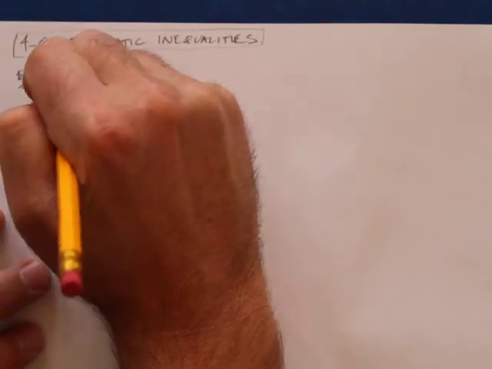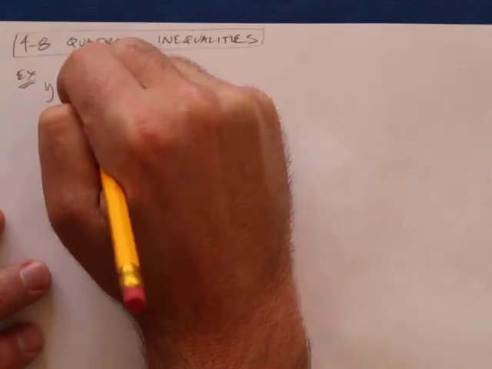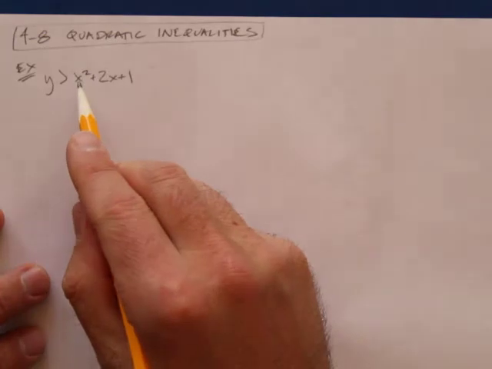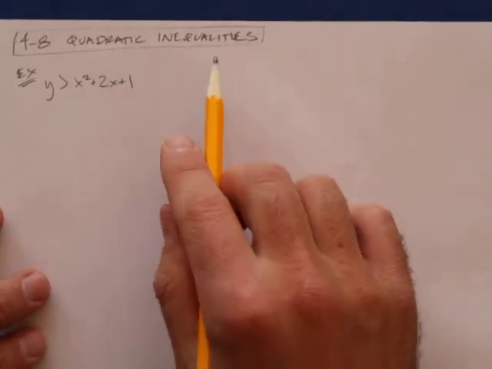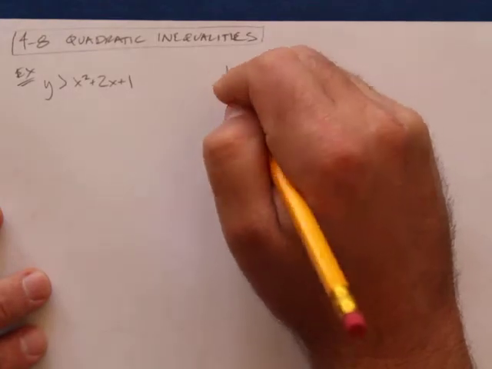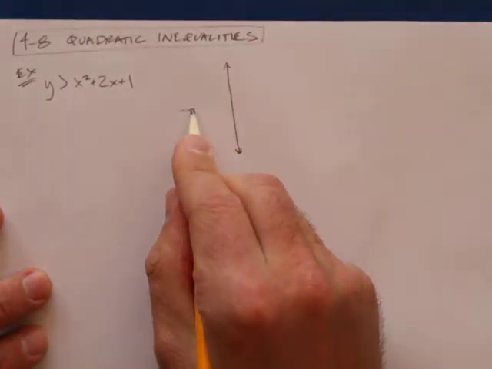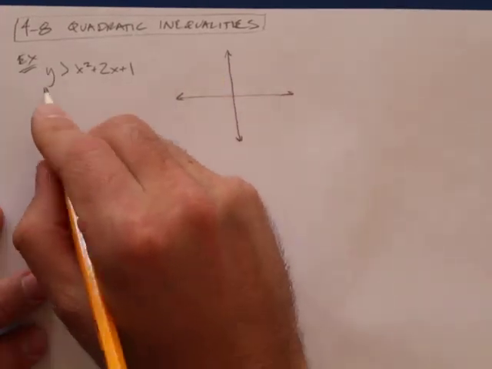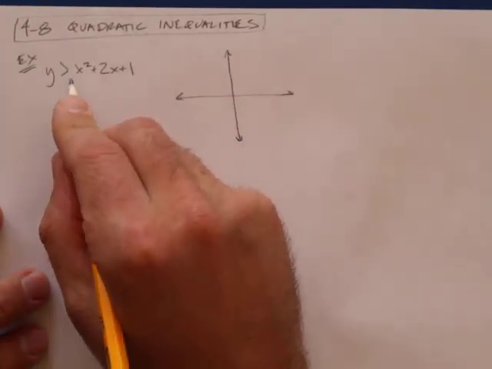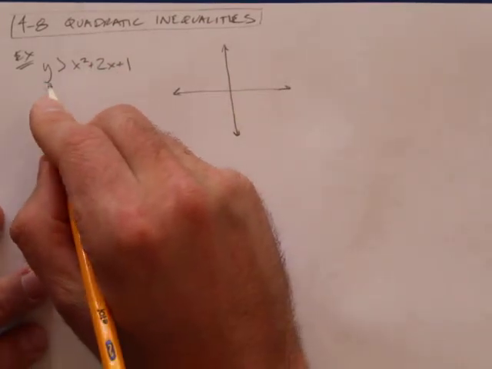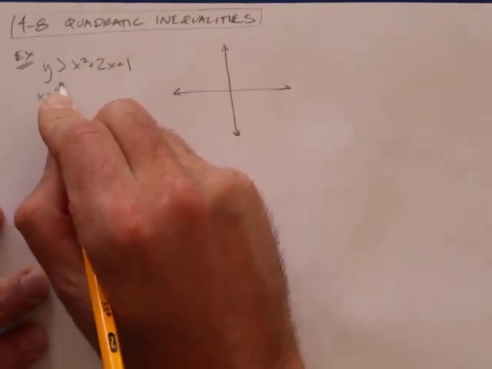I've got y is greater than x squared plus 2x plus 1. So what I need to do when I do a quadratic inequality is I need to graph it. The first thing I want to do when my inequality is in this form is find the vertex.